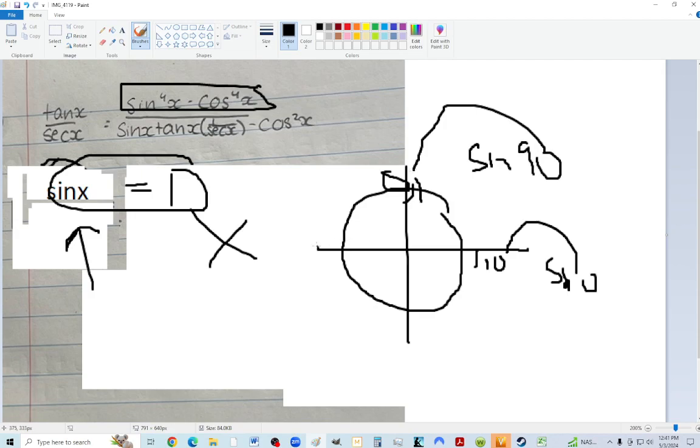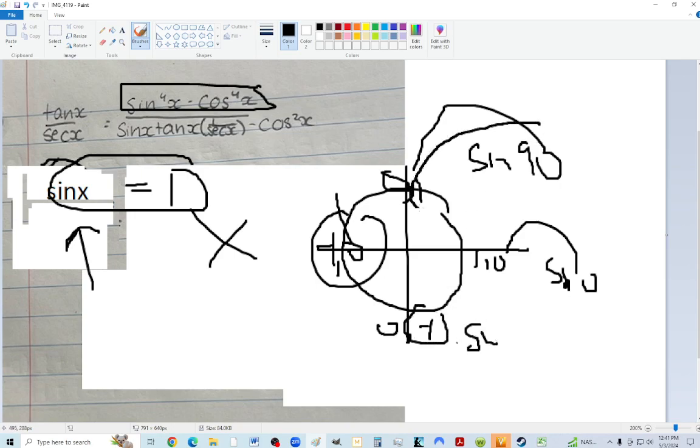Over here it's minus 1, 0, so sine of 180 is 0. And down here it's 0, minus 1, which means sine of 270 is minus 1. So the only place that sine is 1 is at 90. So in this case, if she's asking us for the solution, x is 90 degrees.